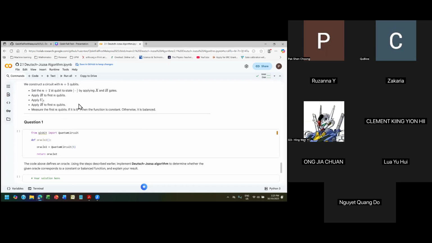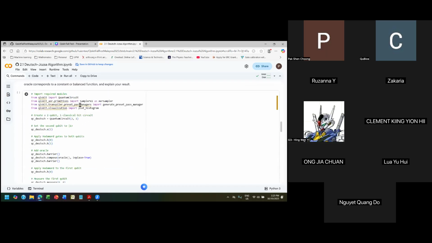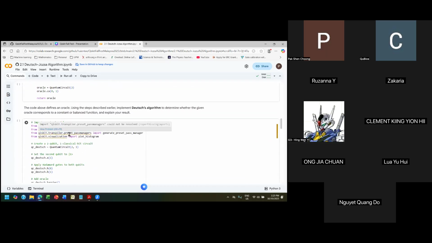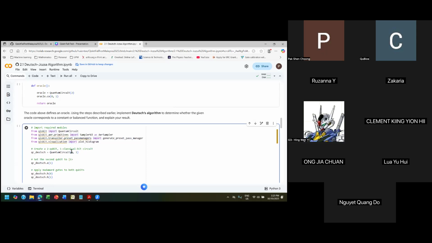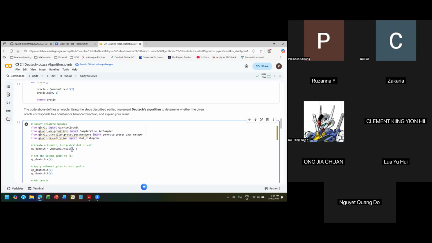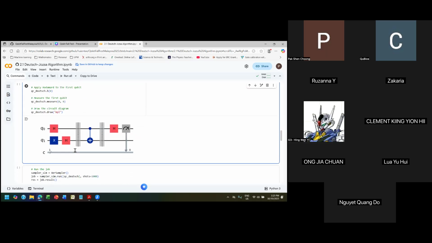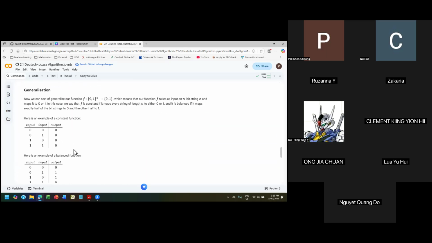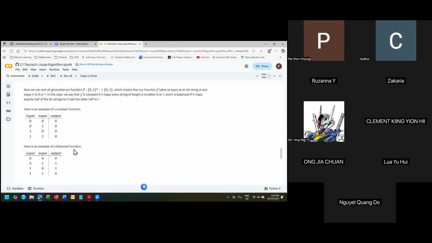Just now, if you recall, when we have 1 input, we have a 2 qubit circuit. So when we have n inputs, we will have n plus 1 qubits. We need 1 extra qubit as the output qubit. So we have n inputs plus 1 output qubit. That's why we have n plus 1.